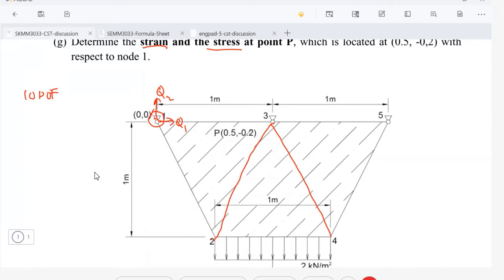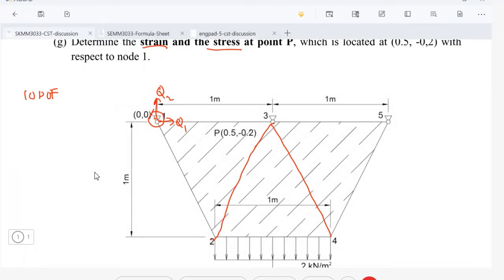So what's the answer here? What's the boundary condition at that point, at point 0, 0, at node number 1? What kind of joint is that? It's a pin joint, right? So what's the boundary condition for a pin joint? 0, for Q1 and Q2.